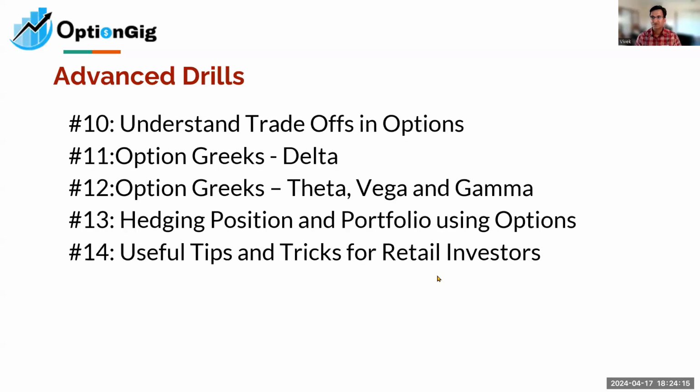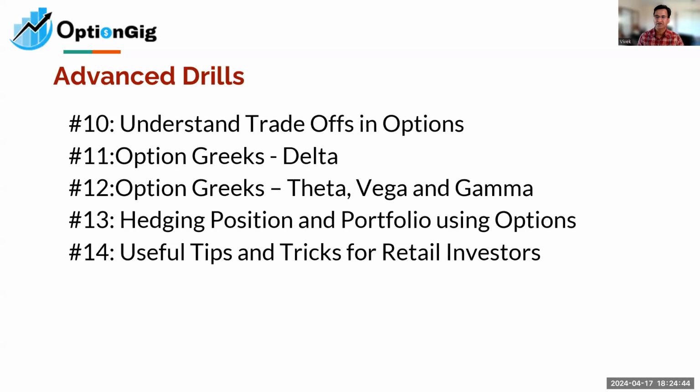And finally, we're going to move into the advanced section. If you're still with me at that point, the reason I'm doing this once a week is that the content becomes really heavy, and I want to make sure you have a week to process it and try some of the things out. We're going to get into more details of the different trade-offs and the option Greeks, starting with delta, theta, vega, gamma.